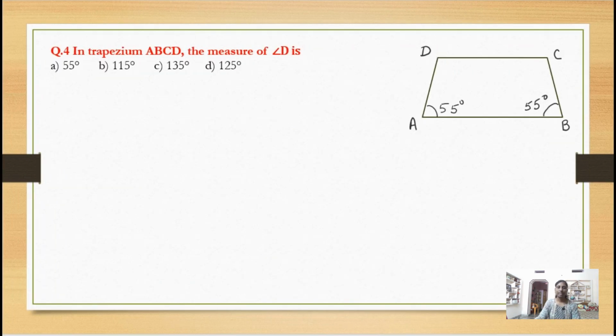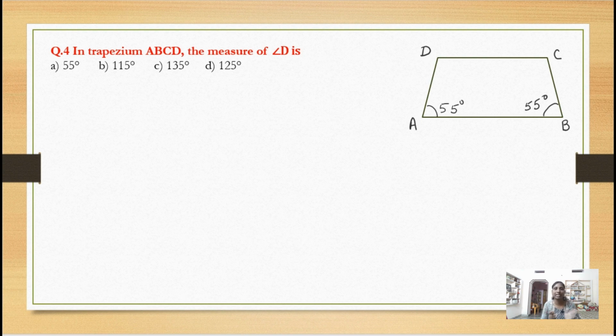Okay friends, now let us read the next question. In trapezium ABCD, the measure of angle D is, we have 4 options, we have to choose the correct option. So what is a trapezium? Here we have the figure of trapezium. What do you mean by a trapezium?